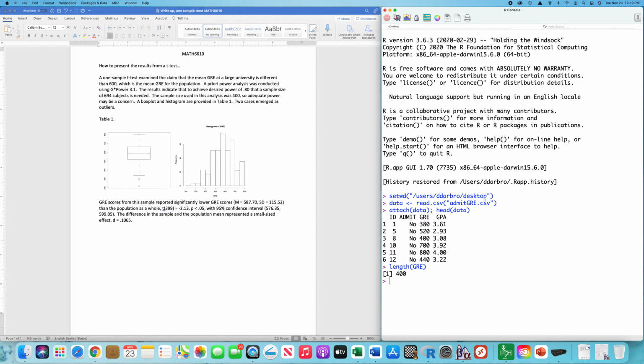And I want to pump the brakes a little bit and tell you that I'm using R, and you can see it's version 3.6.3. Kind of a strange something that I'll admit, when I am conducting statistical analysis on my own, I use RStudio.